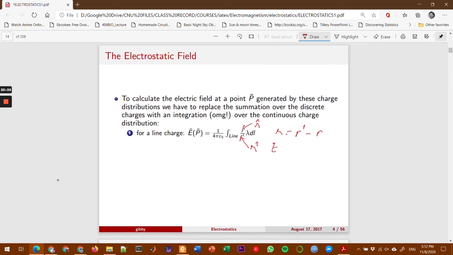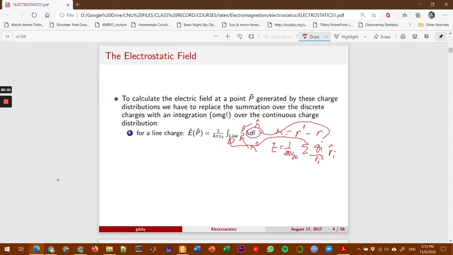Di ba kanina naman to? E equals 1 over 4 pi epsilon naught Q i over R i squared R i hat. So kana siya becomes the integral here, the line, and then the lambda, the Q becomes lambda dl.